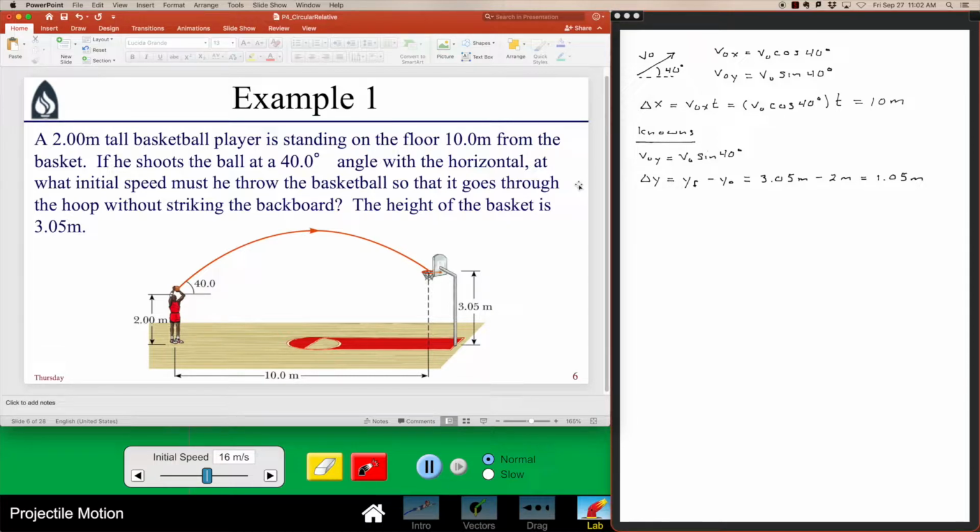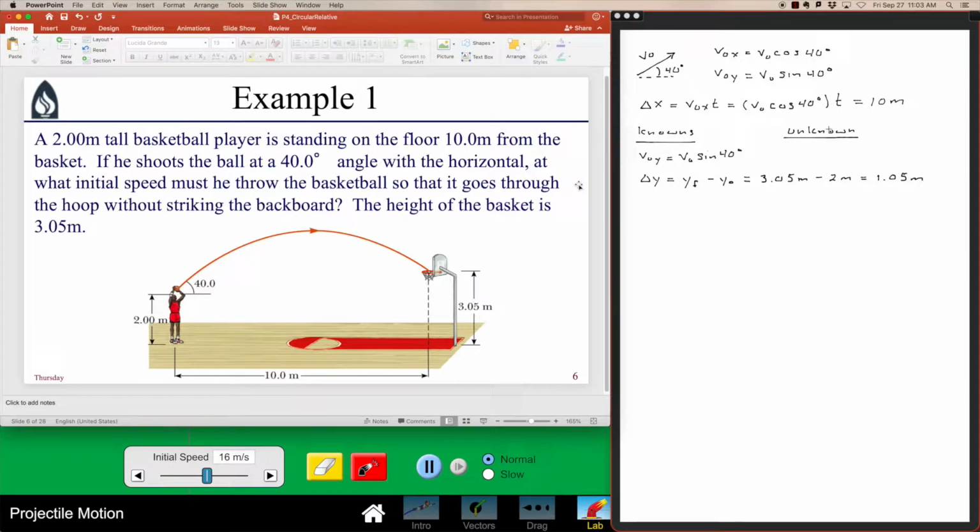So what is my unknown that I'm looking for in the y direction? If I think about my equations of motion in the y direction, my free fall equations, ultimately the thing that I want to know is the initial speed. I want to know V naught. But V naught is in two different places.